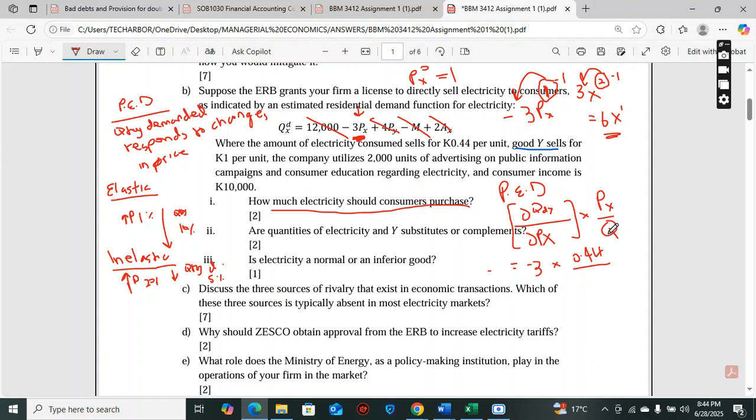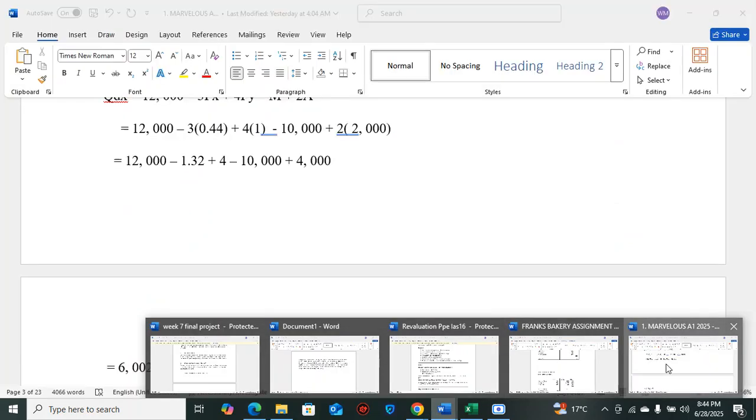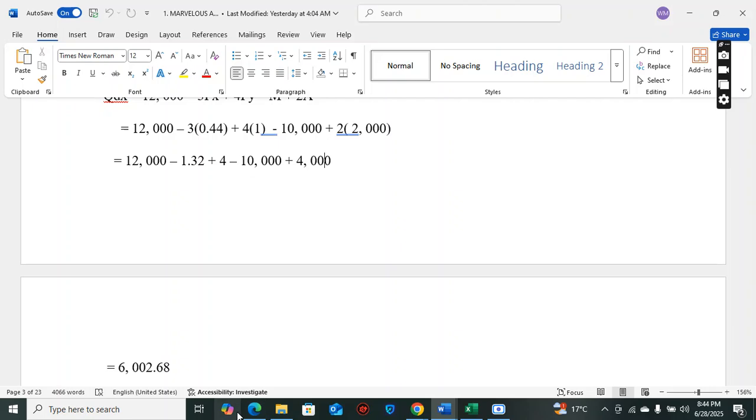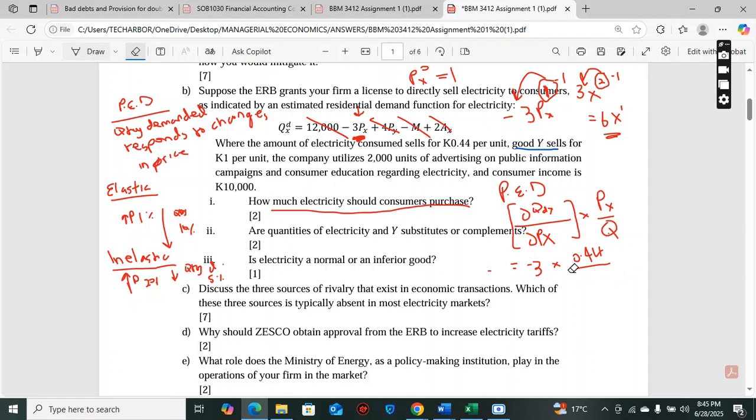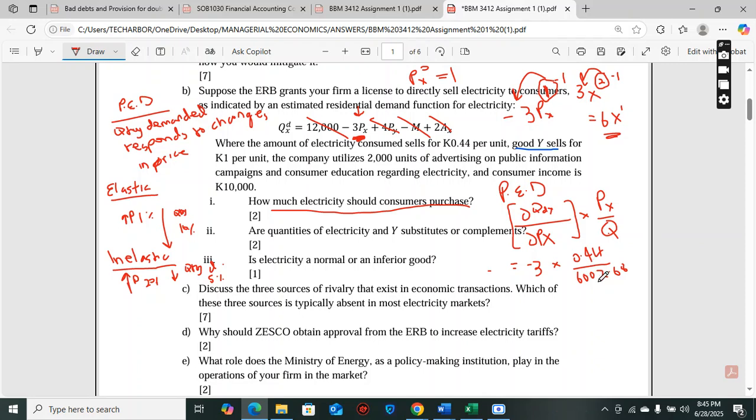That would be 6,000 here. So now 0.44 divided by 6,000, 2.68.